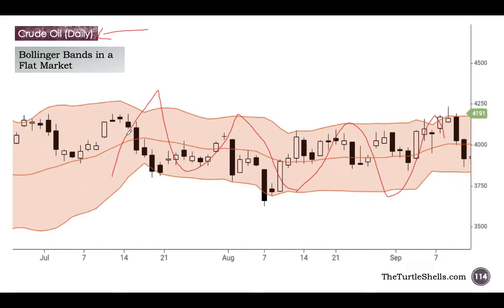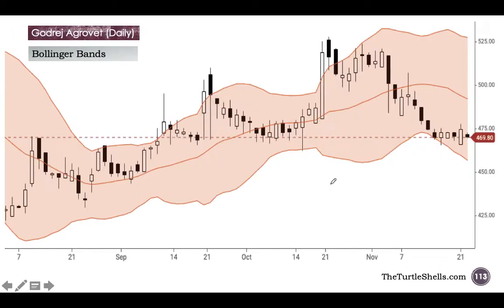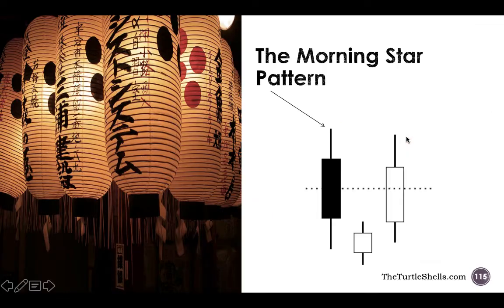Also notice that when the price is flat, the Bollinger Bands are squeezed, so the distance between the upper and the lower band is small. But in a trending market, sometimes the distance between the lower and the upper band expands. So those are Bollinger Bands for you.